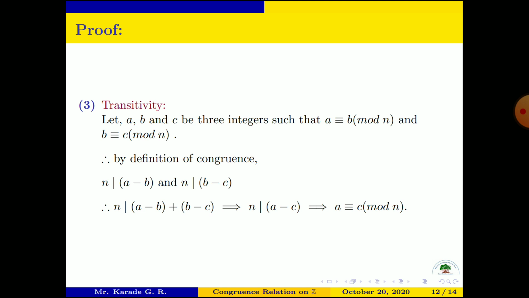Thus we have proved that whenever a is congruent to b mod n and b is congruent to c mod n, then a is also congruent to c mod n. This property is known as transitivity of the congruence relation.